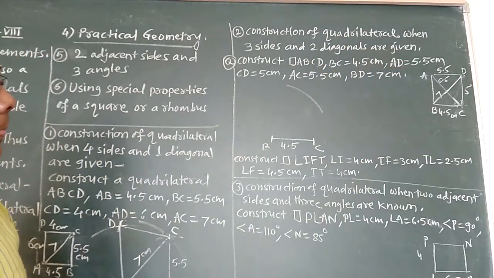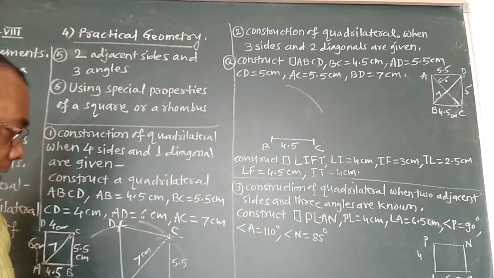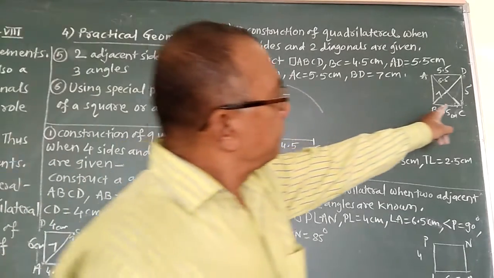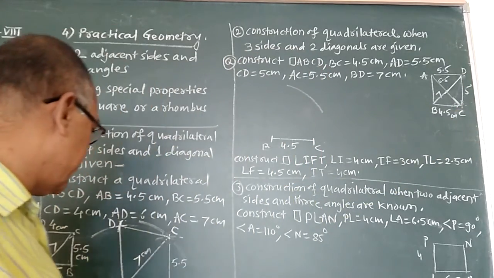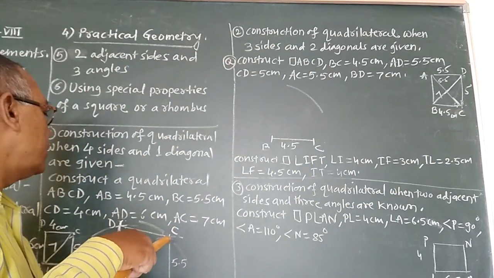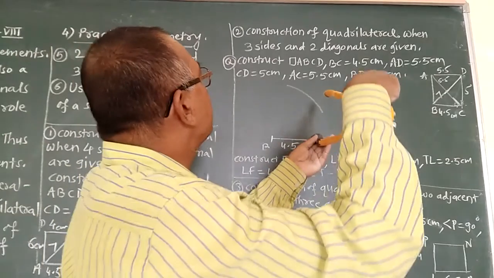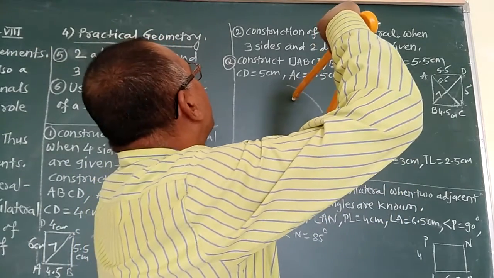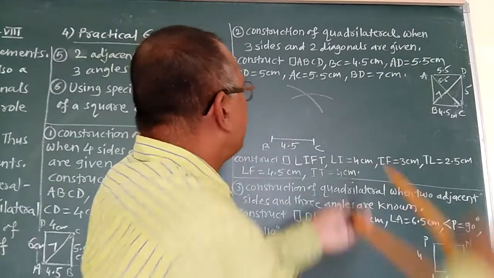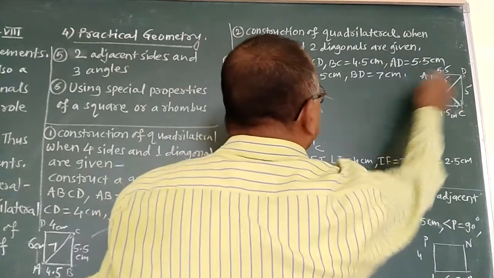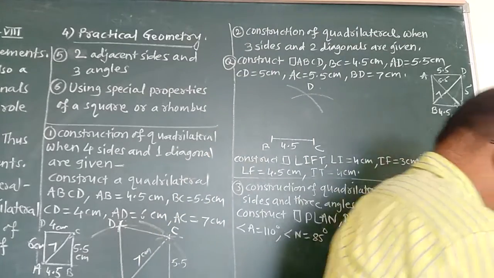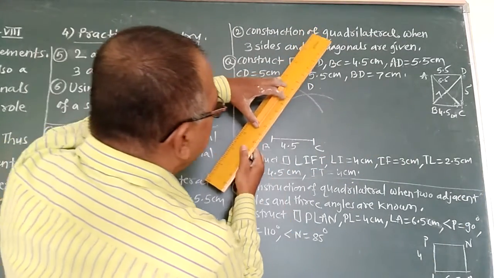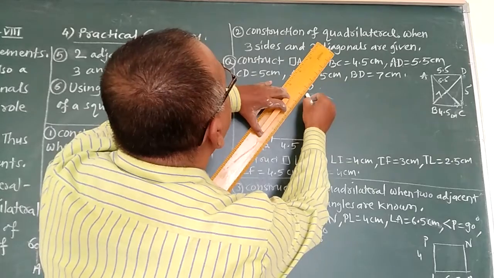7 centimeter. Then we have to draw this distance, that is CD, which is 5 centimeter. So we will draw first 5 centimeter. So this is the 5 centimeter. Draw the second arc intersecting the previous arc, and that point is known as D. And now joining BD and CD, we get triangle BCD.